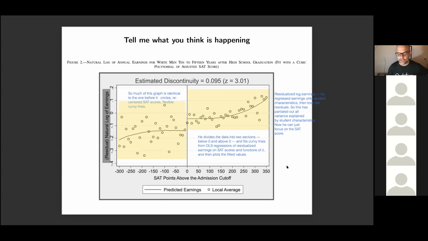And notice there's a gap. There's a gap right there.